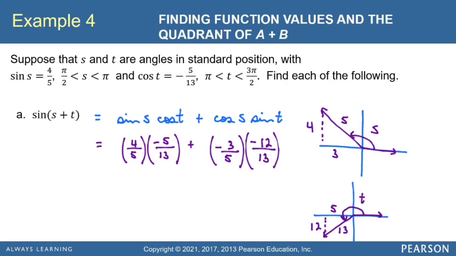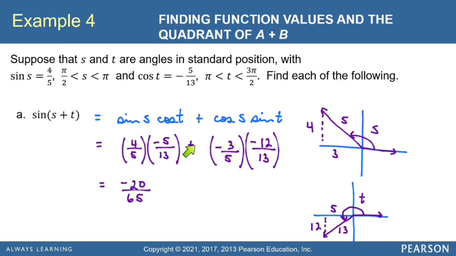All that's left now is to multiply the fractions and finish with the addition. So when we multiply 4/5 times negative 5/13, without simplifying anything, we'll just get negative 20 over 65. Now, when we multiply the next two fractions together, we know negative times negative will make positive, and there's a plus here.